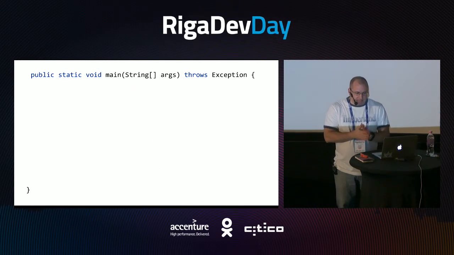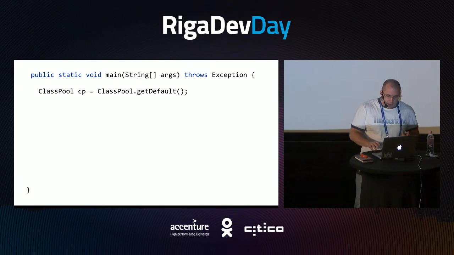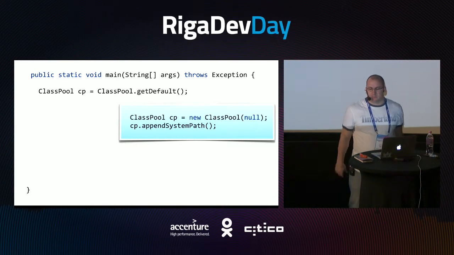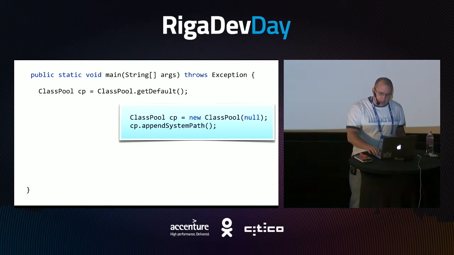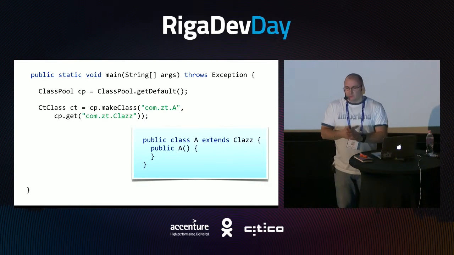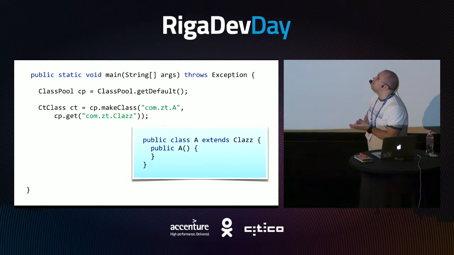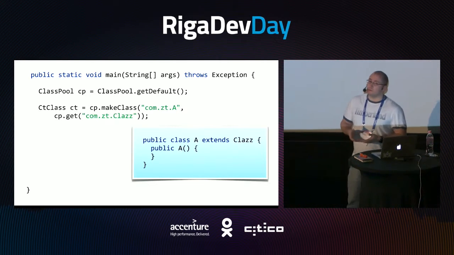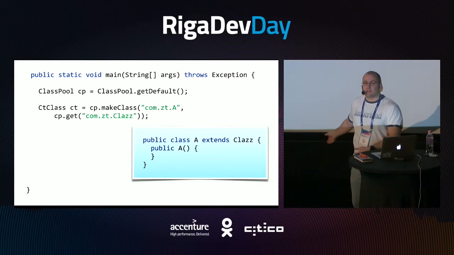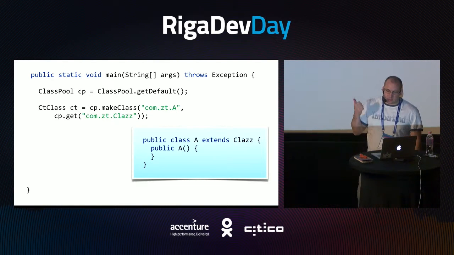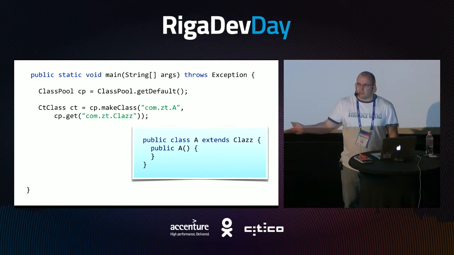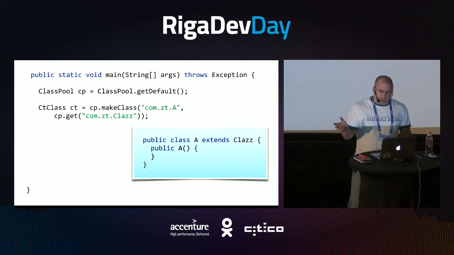So let's see a very simple example here. We have a ClassPool, which basically represents the system classpath. You can get access to all the classes that you have in the classpath. From there, you can proceed. In this example, I just want to generate a new class that is not present in the classpath. So the class com.zt.A is just generated in memory. It's not present somewhere on the file system.